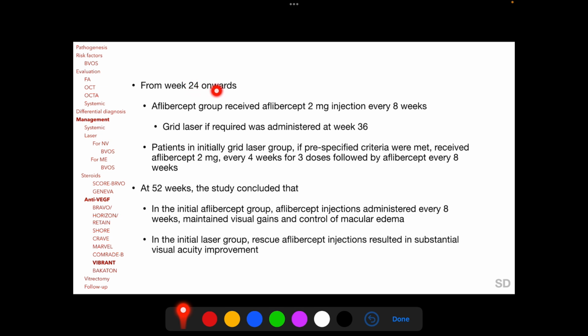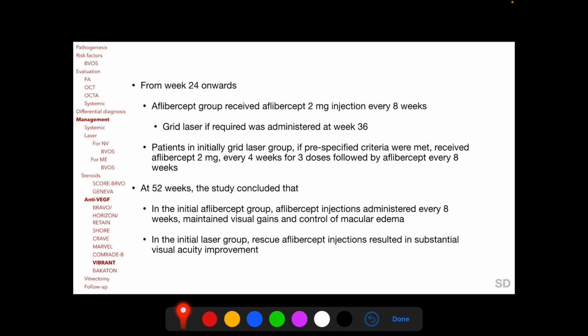From week 24 onwards, patients in the original aflibercept group received aflibercept 2 mg injection every 8 weeks, and in this group grid laser could be administered if required at week 36, that is another 12 weeks following the initial 24 weeks. And patients in the initial grid laser group, if pre-specified criteria were met, received aflibercept 2 mg every 4 weeks for 3 doses followed by aflibercept every 8 weeks.